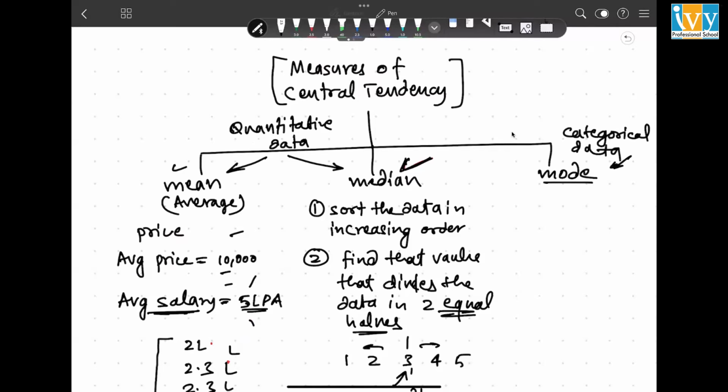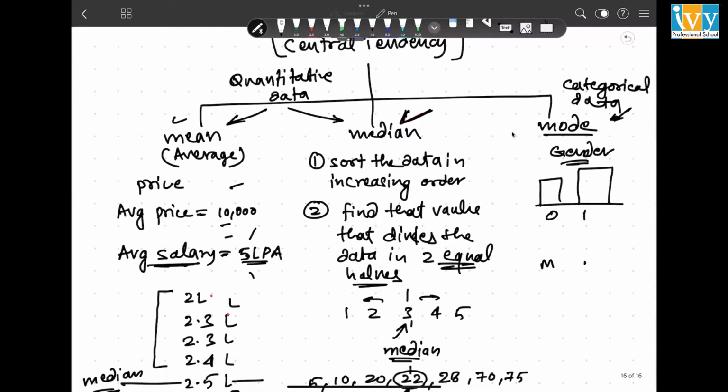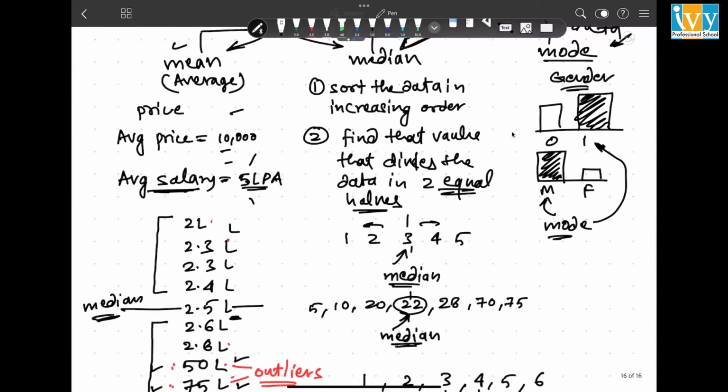So let's say you have a gender column, which can be present as 0 and 1s also, or it can be present as male or female also. So whichever category is present more number of times, that is known as the mode value. So here the mode value is male, and here the mode value is 1. Okay, whichever category is present maximum number of times.